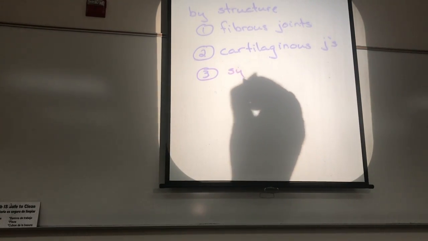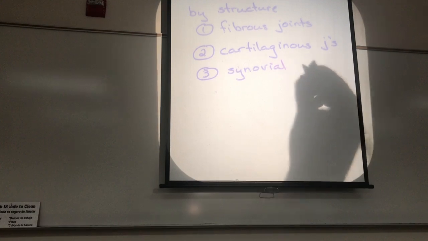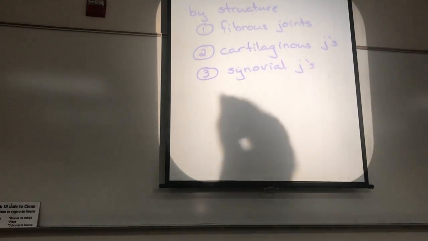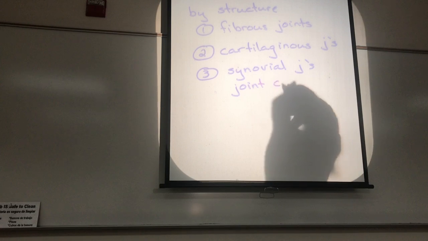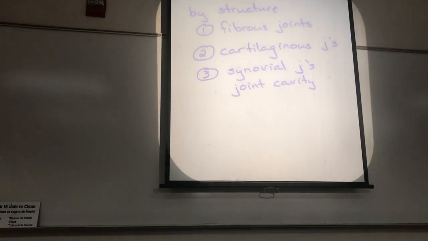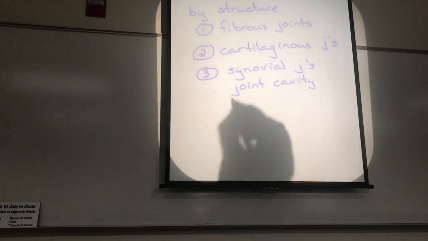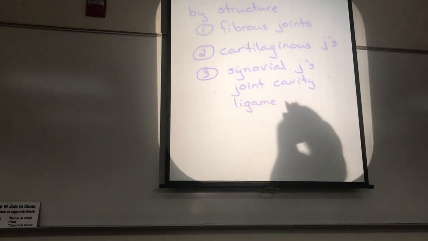And then in the third category, we have these synovial joints. Synovial joints have a structure called a joint cavity. With the synovial joints, ligaments join the bones together.